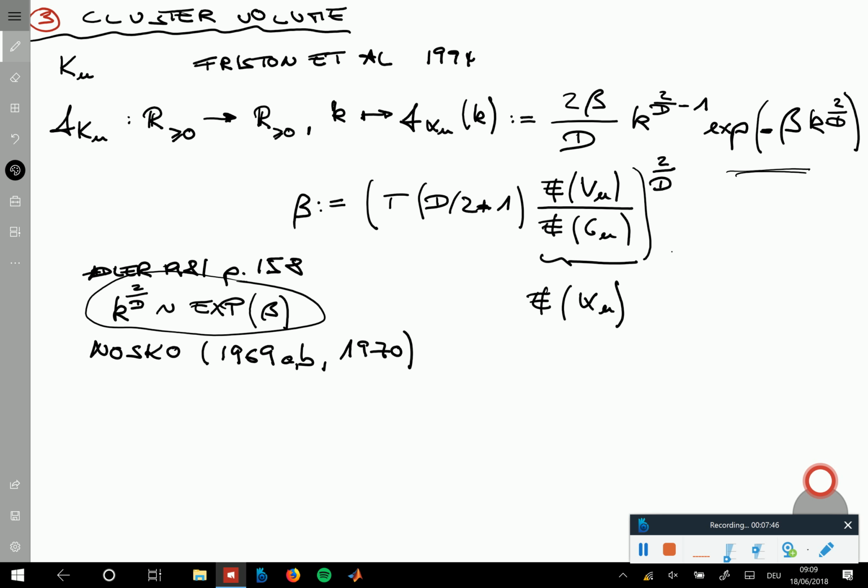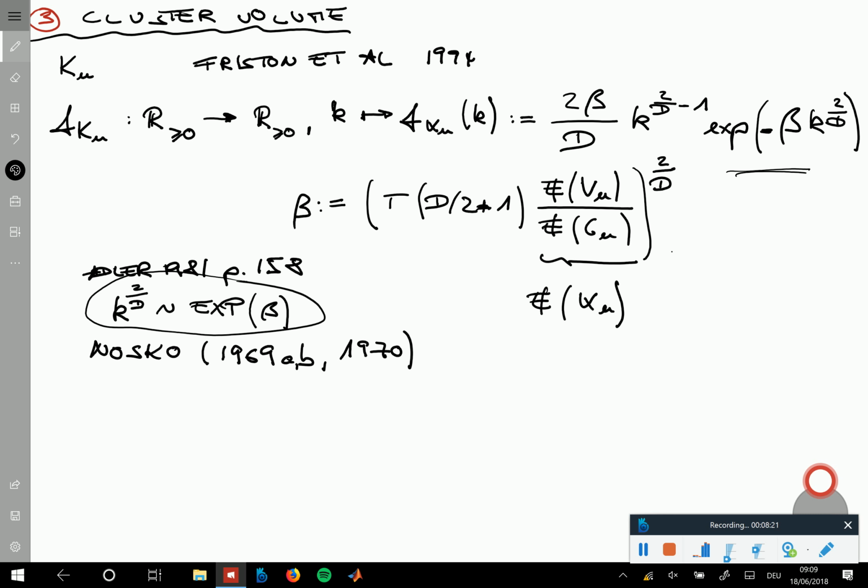So somebody guessed that this might be the case. Anyway, I don't know. That is where this is coming from. Friston et al. then cite the result by Nosko. And then what happens, and this makes more sense, is that this comes somewhat out of the blue, this exponential distribution of k to the power of 2d. But then, of course, we are not interested in the distribution of the cluster volume to the power of 2d, but in the distribution of the cluster volume.